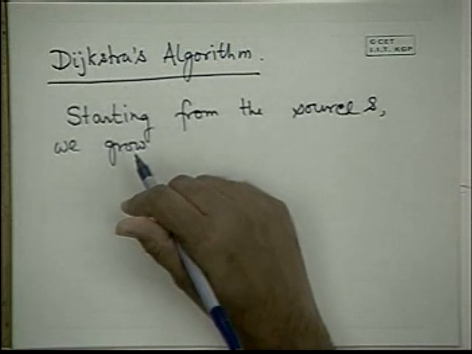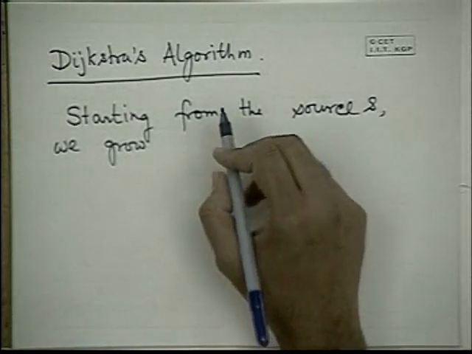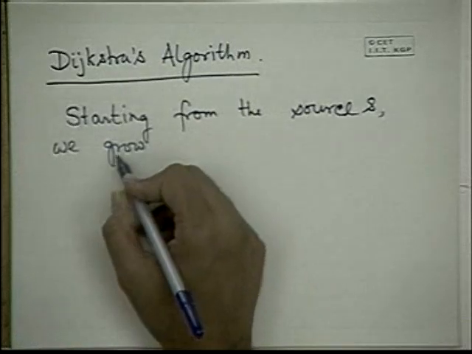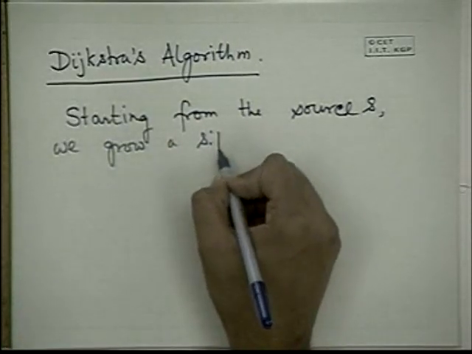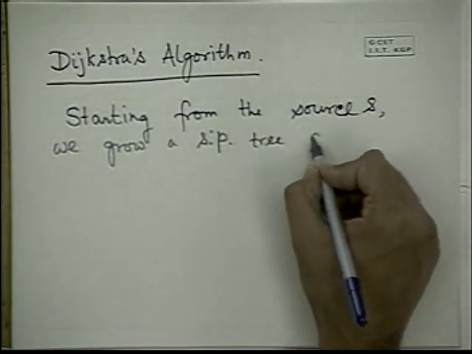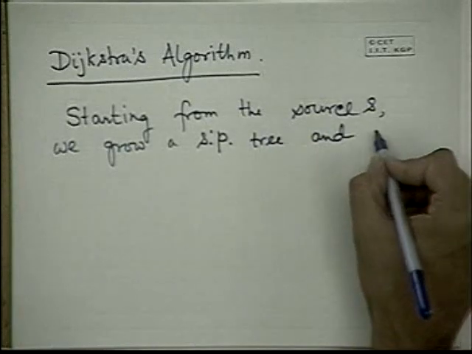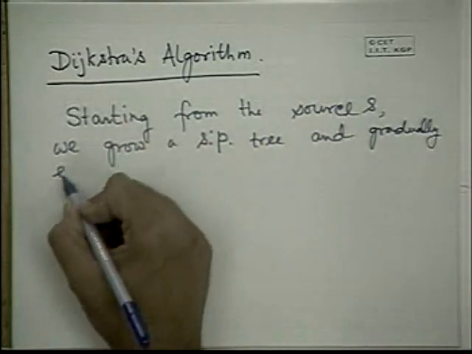You remember we grew one tree to a full spanning tree. Here also we start from the source vertex S and grow the tree to a full spanning tree. We grow a shortest path tree, which I will denote SP tree, and gradually, or incrementally, expand it.